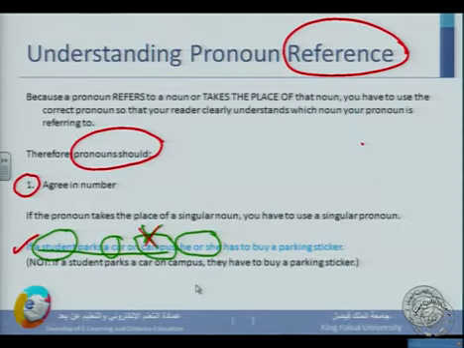A car is not a human being, مش بشر. بينما student is a human being. والطالب ممكن يكون he or she. So the pronoun he or she agrees in number with the student. One student أخذ he and she.